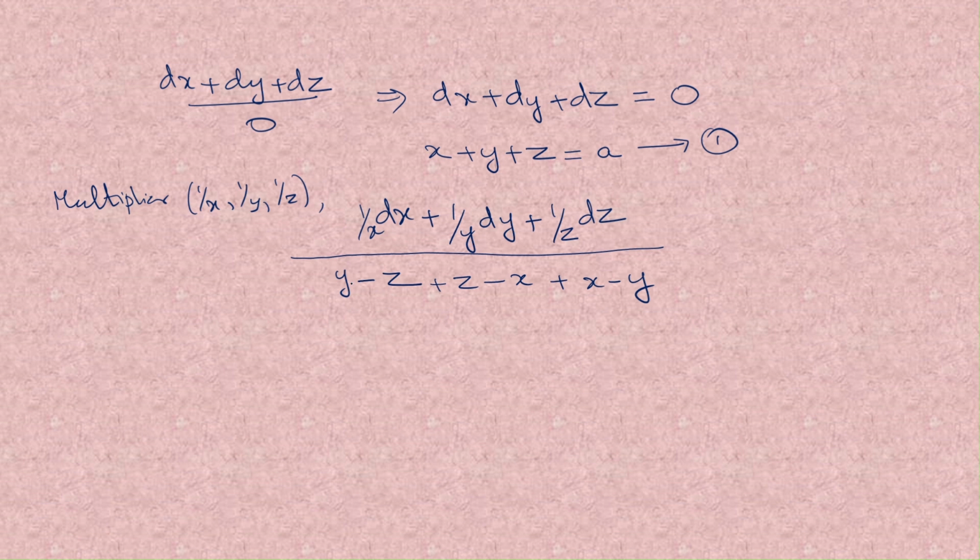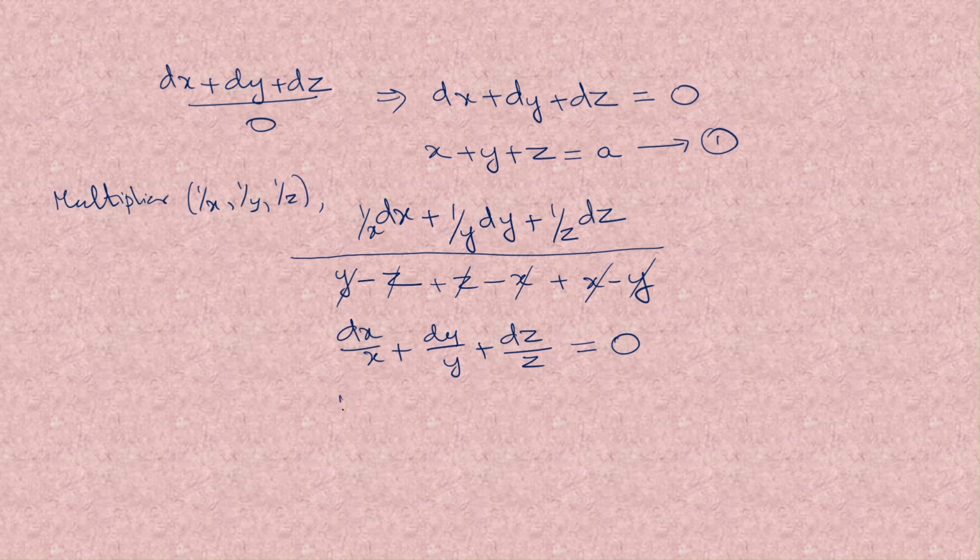Now, all the positive and negative terms get cancelled, which means that, using the same technique, dx by x plus dy by y plus dz by z, the numerator, is equated to 0. Now it is easy to integrate.